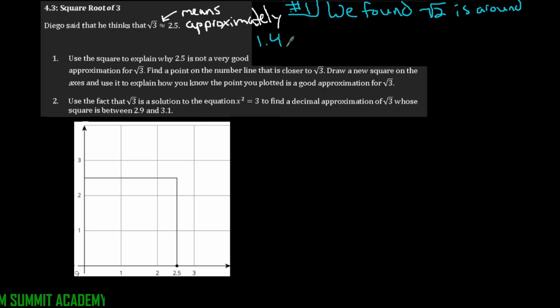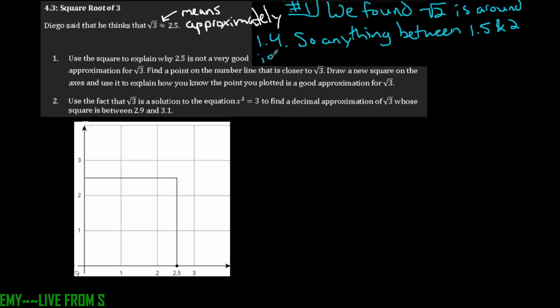So that means anything between 1.5 and 2 is going to be a better approximation.